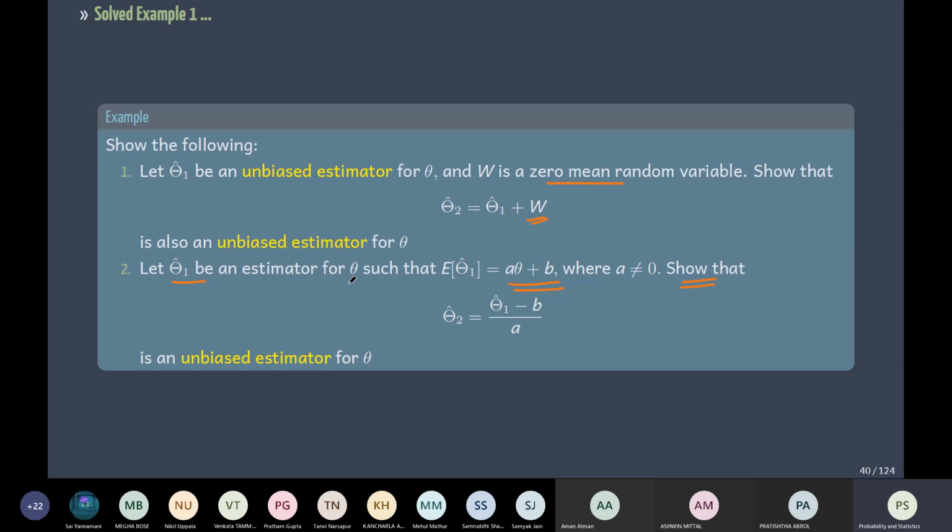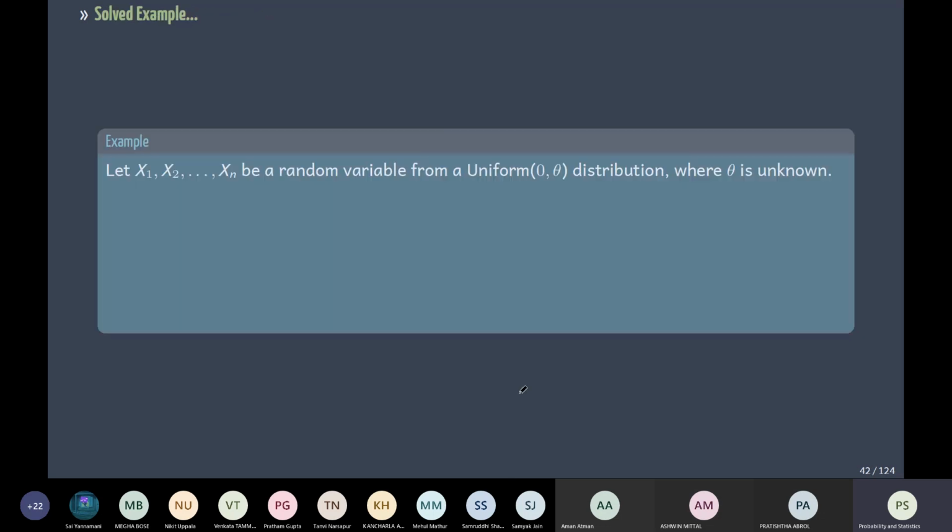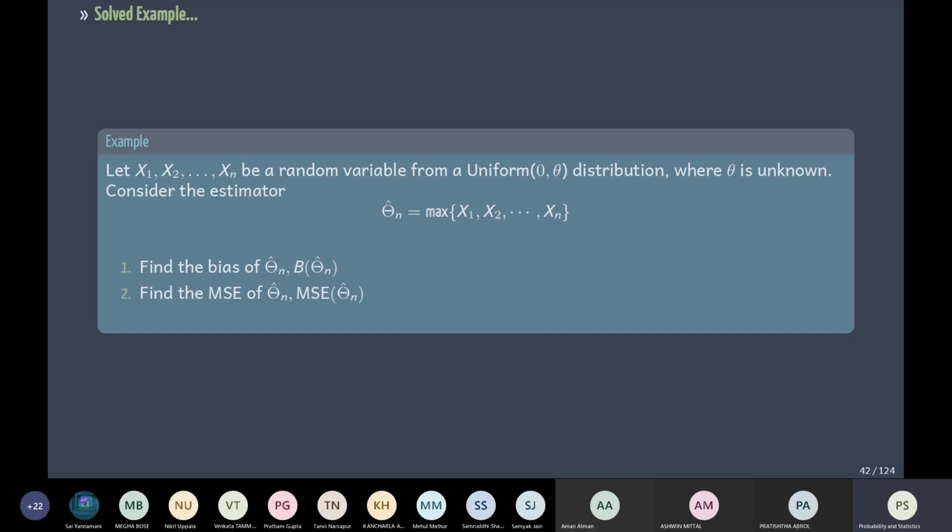These are some simple applications of the previous result, so I can leave this as an exercise. And then there is a solved example here. I will try to do this solved example in the next class. It is better to do it in the next class.